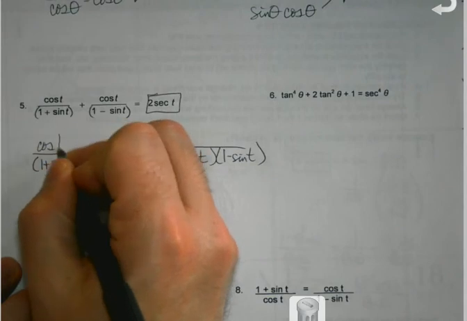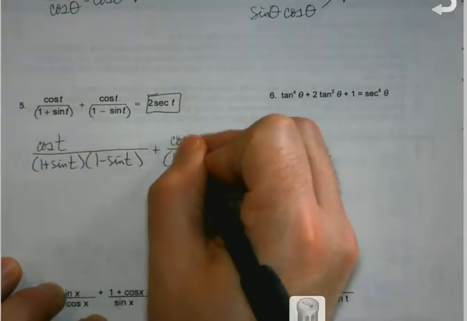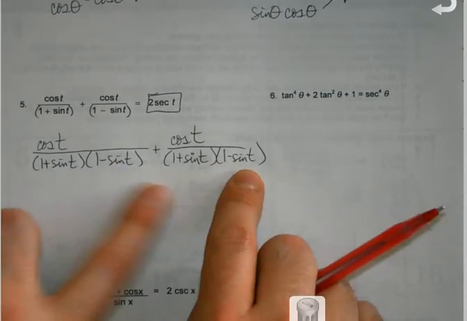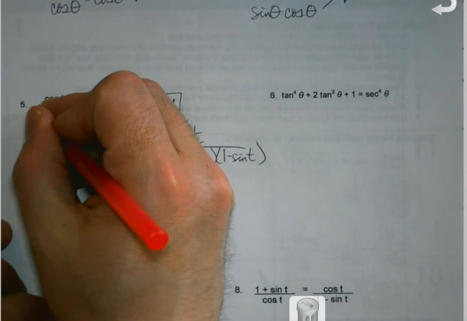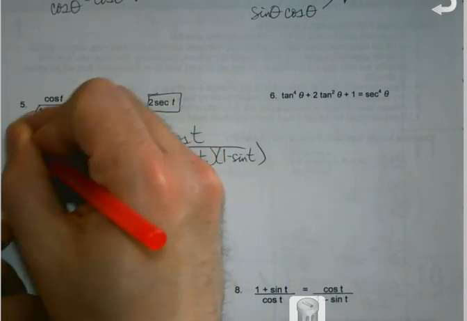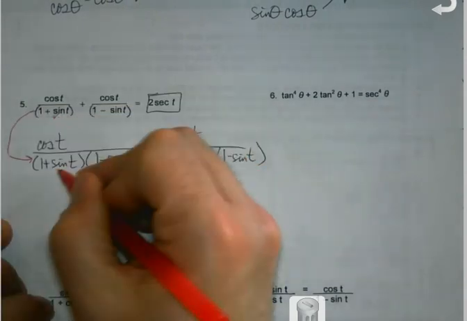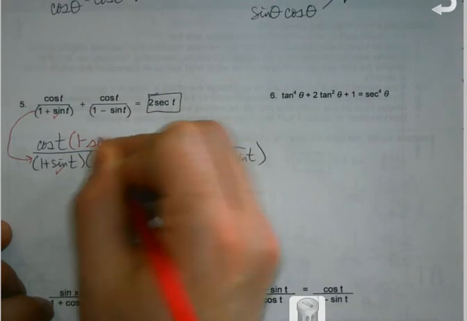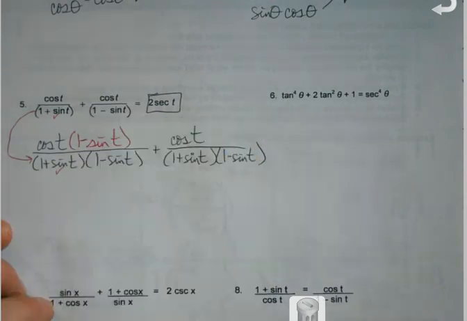The first fraction, I've already got my cosine, and I also do in the second. But I want us to be able to visually see where this building of the fraction comes from. So I'm like, okay, got my common denominator, got what's already up here. To get from here to here, I already have the 1 plus. I need the 1 minus sine t.